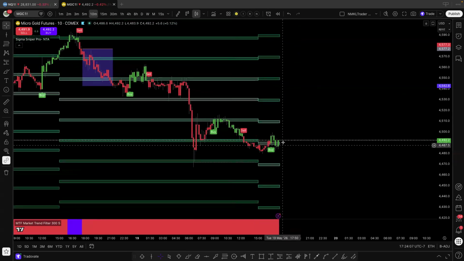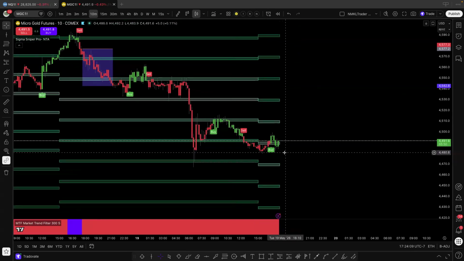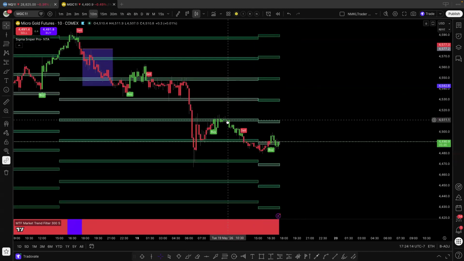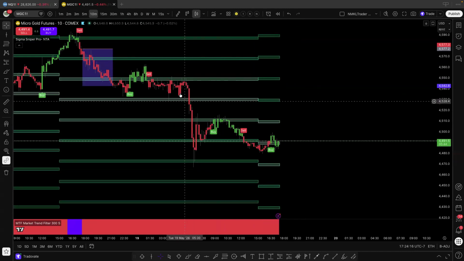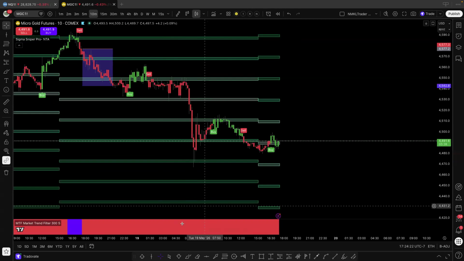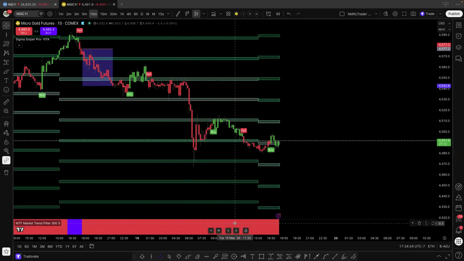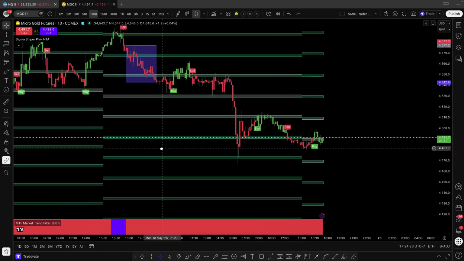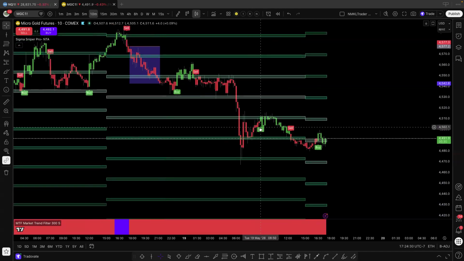Because I could potentially get into a sell here if this thing breaks down again. That's what I'm looking for. Right now, we're still in a downtrend market. And again, I'm trading the smaller trend to the overall larger trend. And that's what helps me alleviate a lot of false trades like this buy here today.